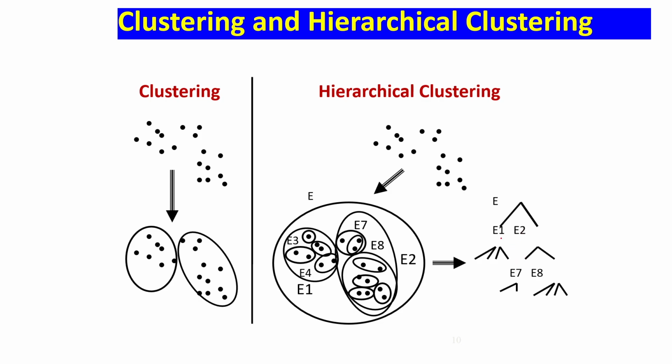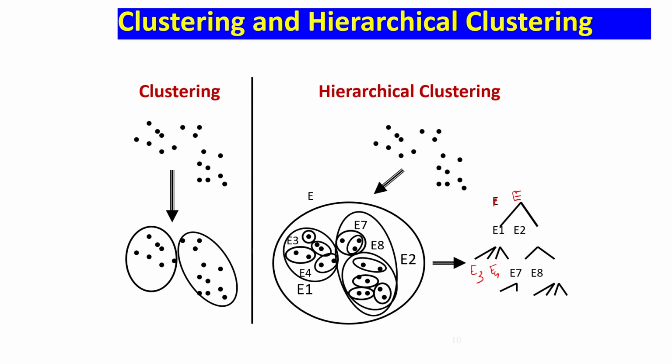Then E1 has E3, E4 as two clusters. E2 has E7, E8, correct. That is how the clustering is done in hierarchical clustering.